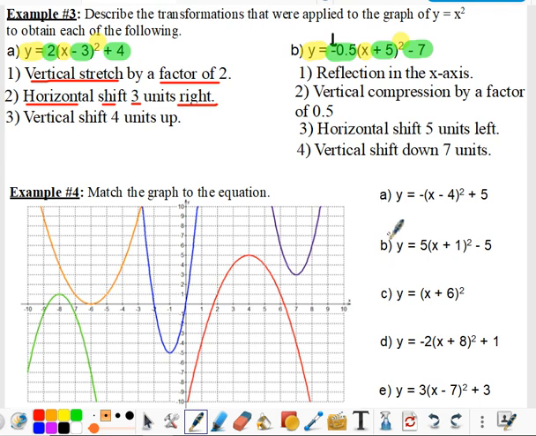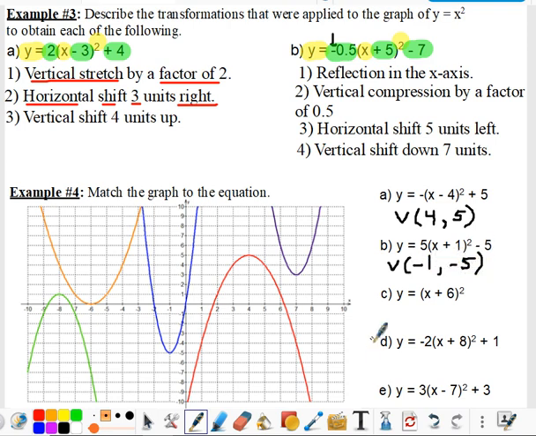So in A, let's go ahead and look at the vertex. The vertex for A is positive 4, right? I know it says x minus 4, but it's positive 4, comma 5. That's the vertex for A. The vertex for B is negative 1, comma negative 5.